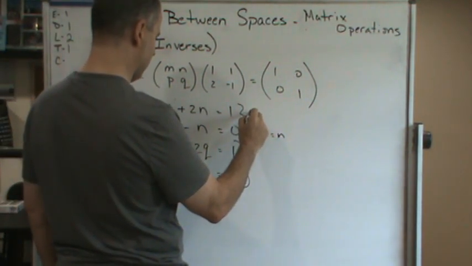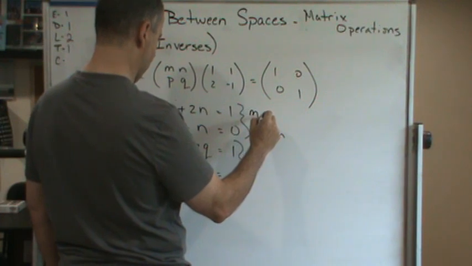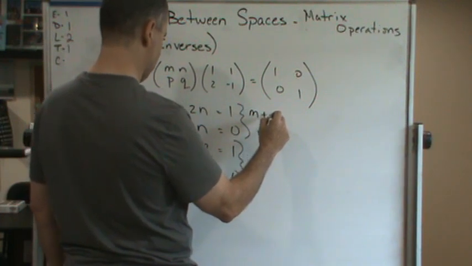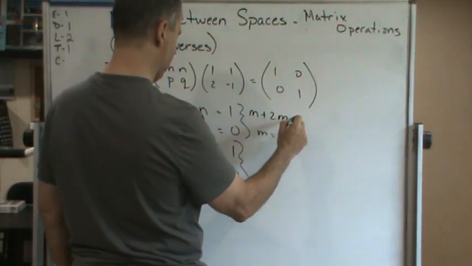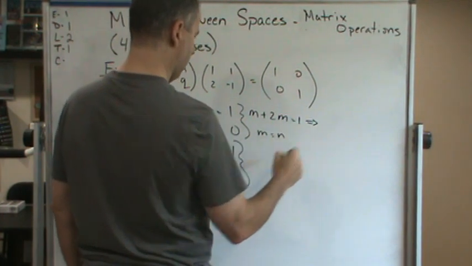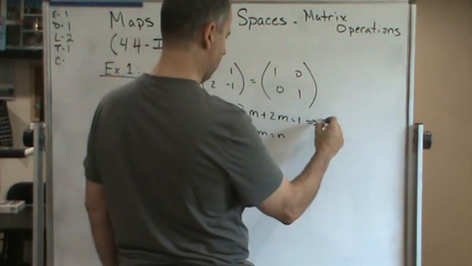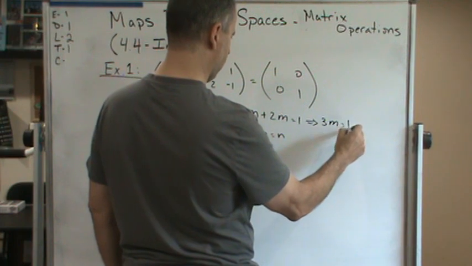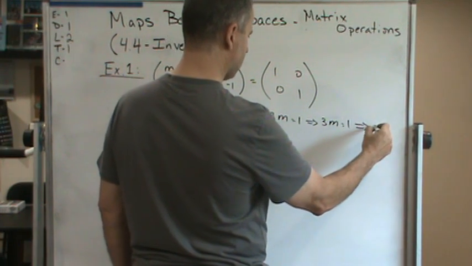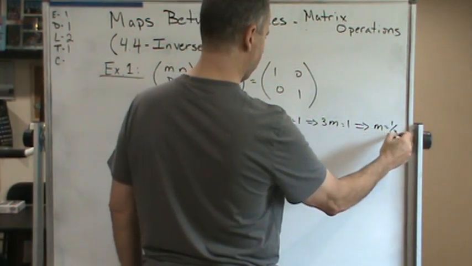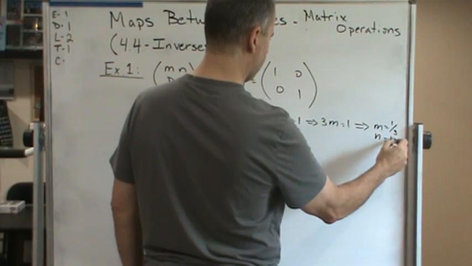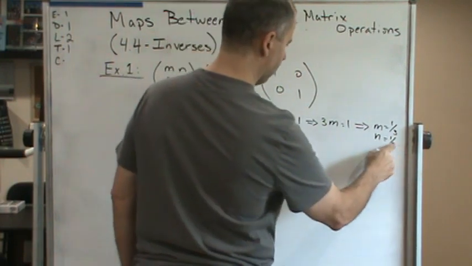So they're the same, so I get m plus 2m is equal to 1, which gives us 3m is equal to 1, which gives us m is equal to 1/3. So n is also equal to 1/3, not a half.